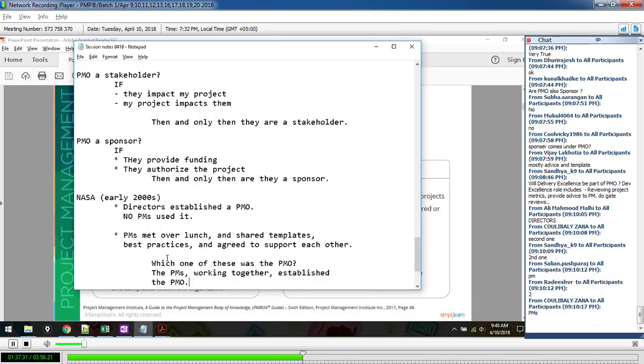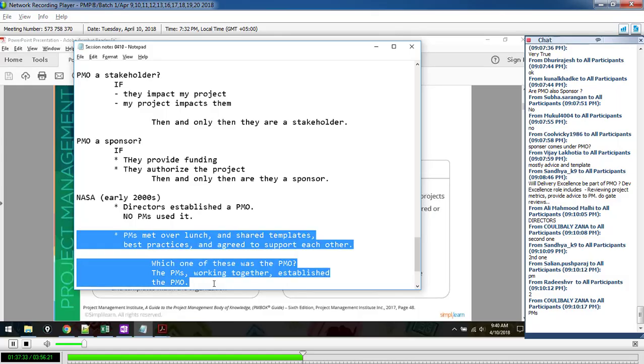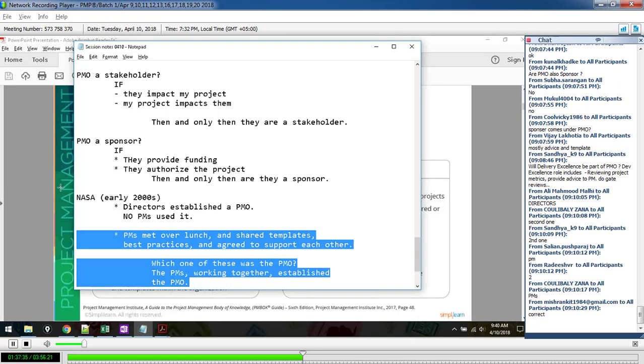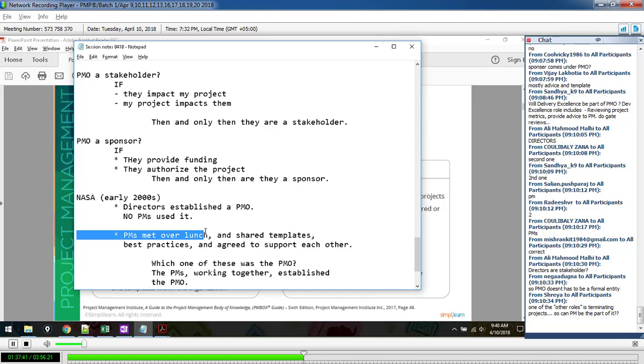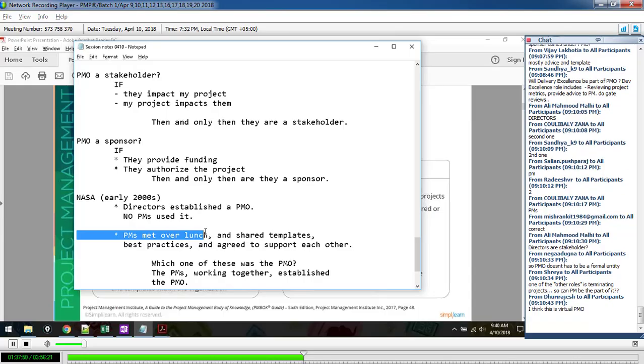Because this met the definition of a PMO better than this. Directors can be stakeholders, but guys, if you have an organization that nobody uses, do you really have an organization?